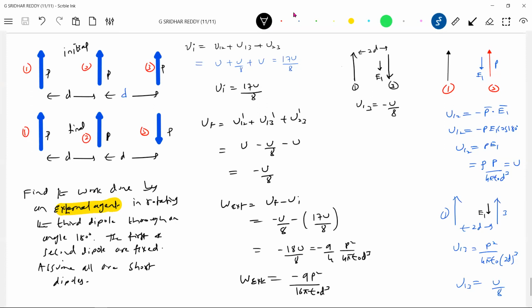More than 2 dipoles, yes, it can be done. Now, any number of dipoles I can introduce here finally. Okay, just see once.